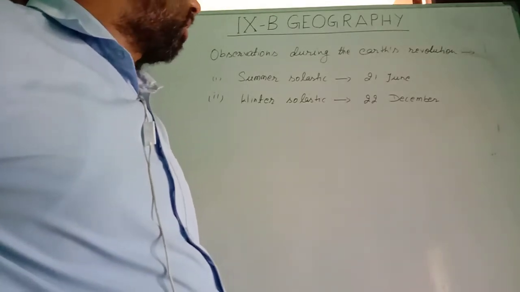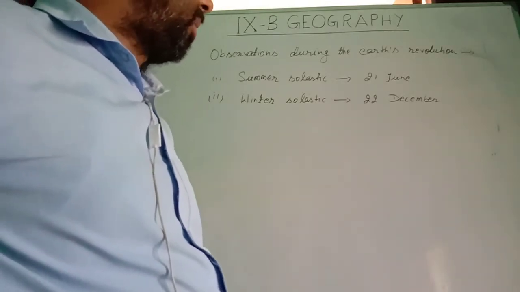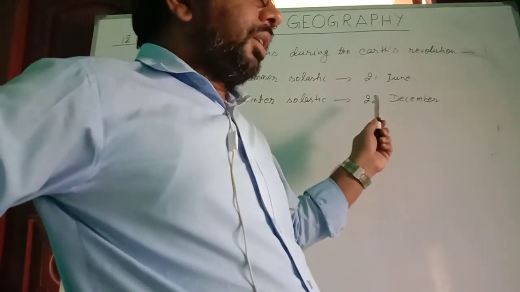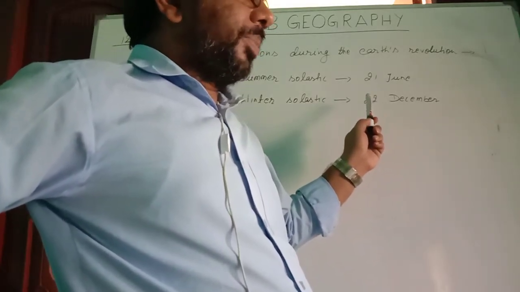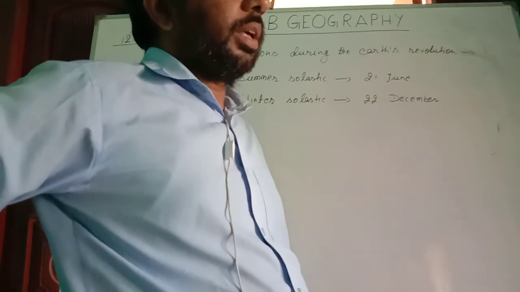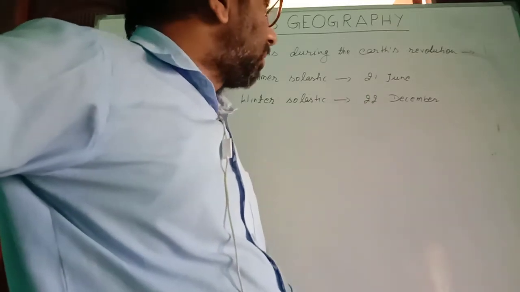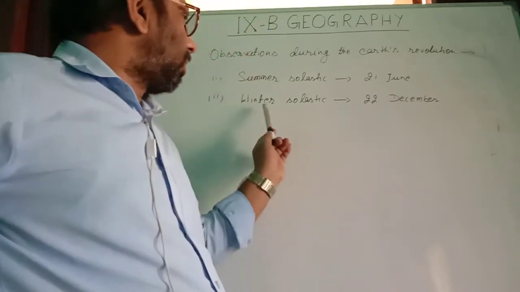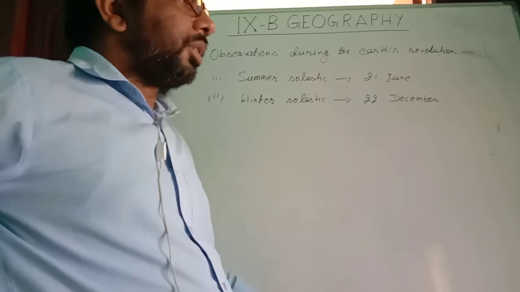At the same time, in the southern hemisphere, the Tropic of Capricorn will get slanting sunlight on 22nd December, that is the winter solstice.